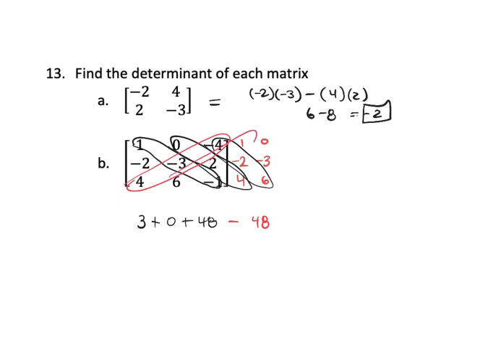The next one is 6 times 2 times 1, so that's a positive 12, so we subtract 12. And then negative 1 times negative 2 times 0 is 0. 48 minus 48 is 0. So it's essentially 3 minus 12, which is negative 9. And I apologize for not stating this at the beginning. Determinants of matrices is from section 6.4.